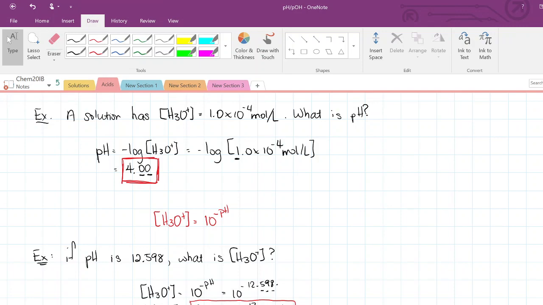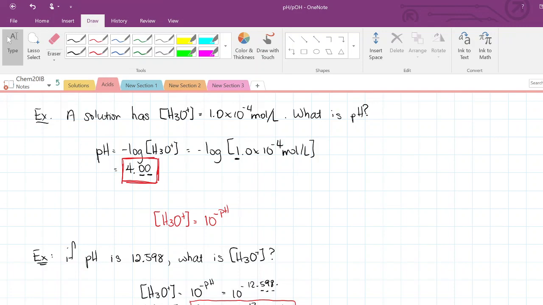If we put this into our calculator, and this is what I'd like you to do right now, put this into your calculator and make sure you get an answer of 4, because every calculator is slightly different in how you input the values. So you need to make sure that you know how to use your calculator specifically so that you get the right answer.